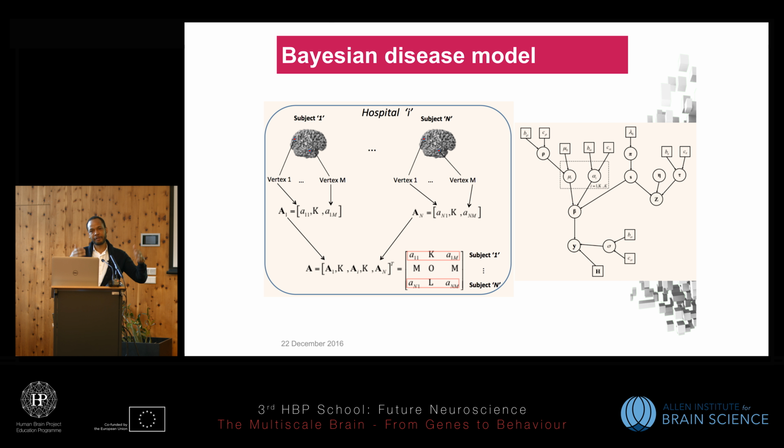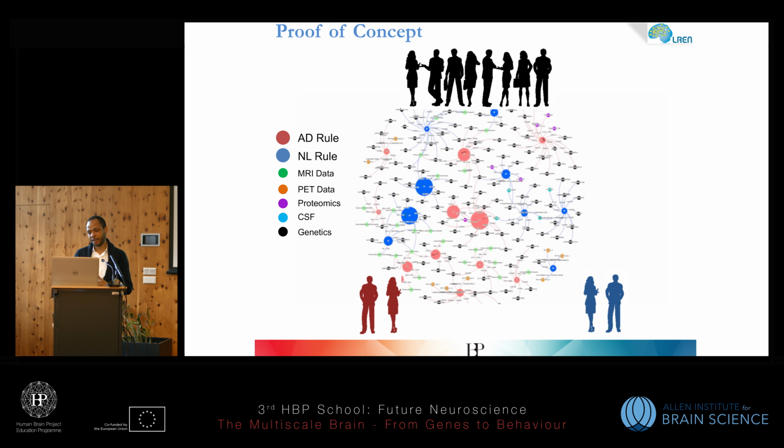You just put in the genetic information, the brain imaging, the protein. But what you want is to know how each piece of information has an impact on the others, and you have more of a hierarchical model. And this is more interesting in terms of developing this disease modeling.